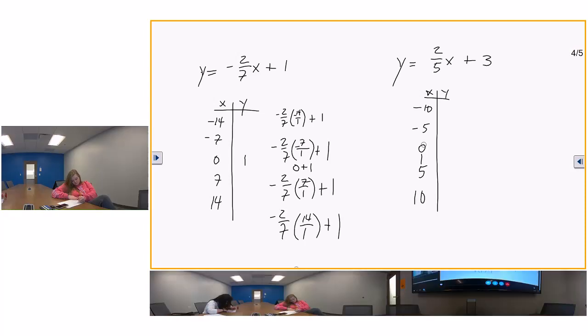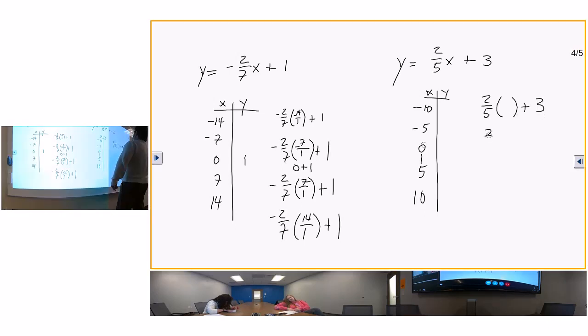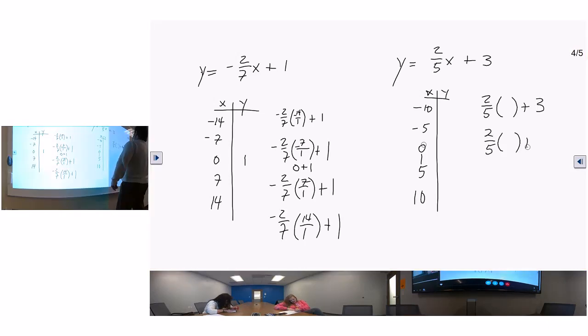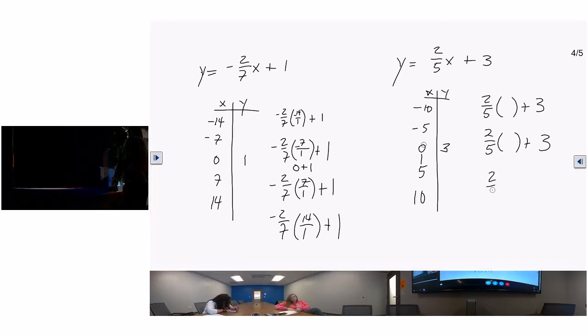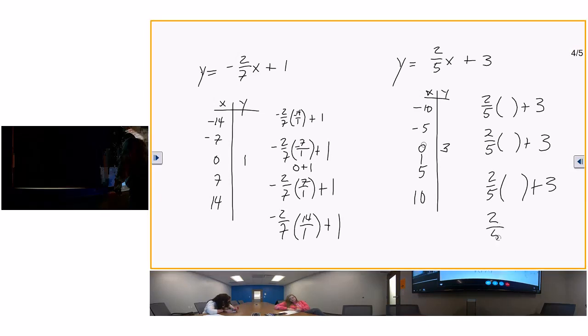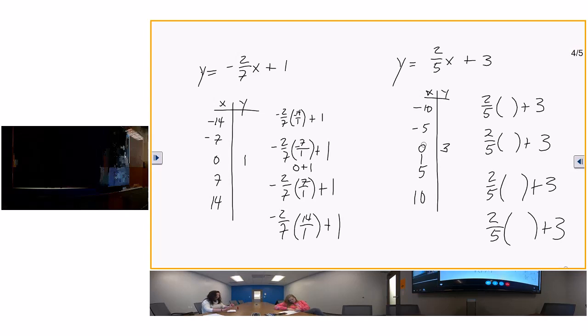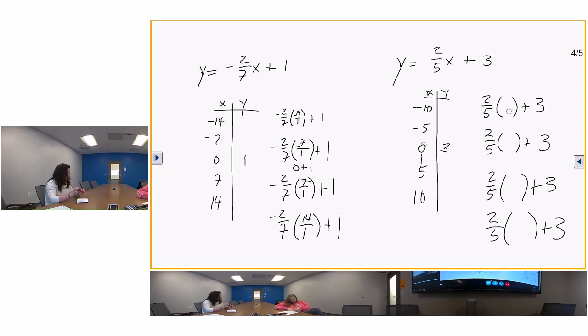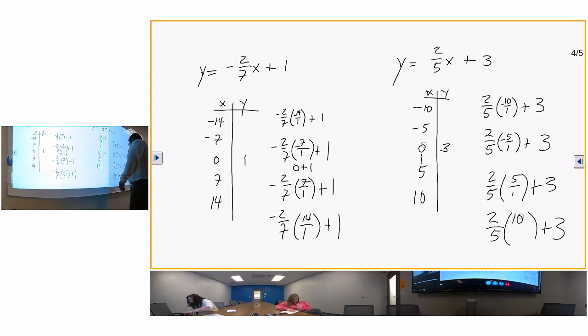And over here, 2/5 times the x value plus 3. What's 0 plus 3? 3. And looking at a negative 10 over 1, a negative 5 over 1, 5 over 1, and 10 over 1.